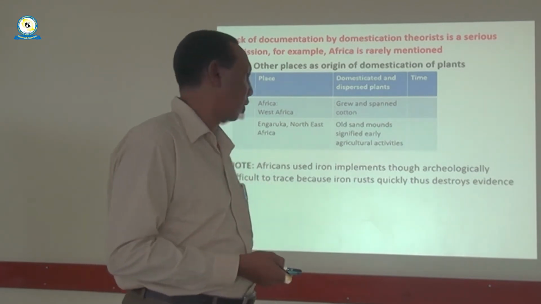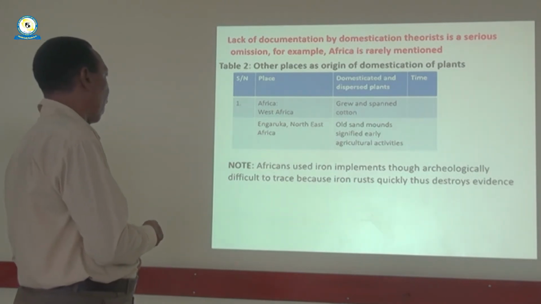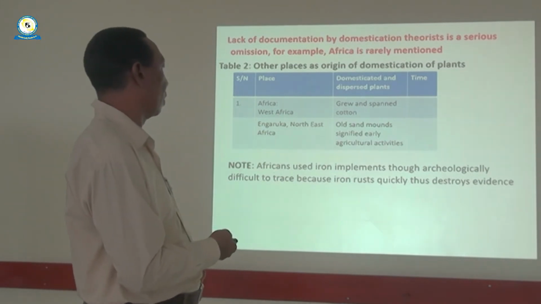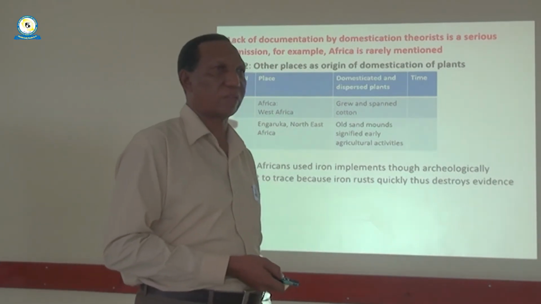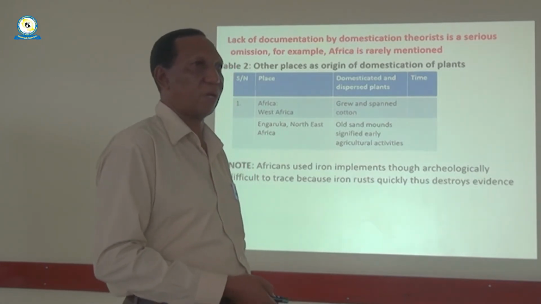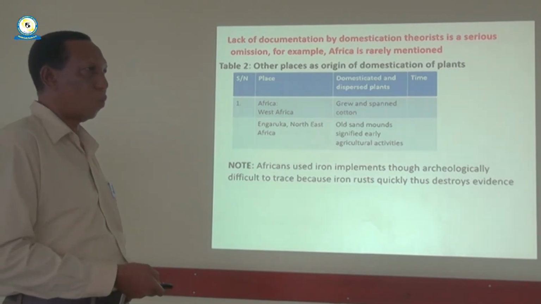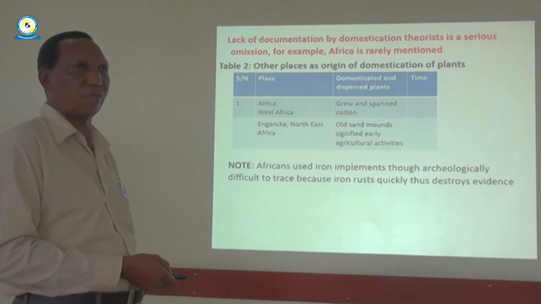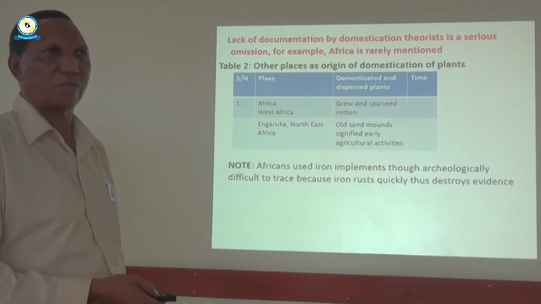We think perhaps, if it is based on the argument of the iron revolution, iron is subject to rust, maybe it rusted and some evidence disappeared. But this is not yet a satisfactory explanation for why so little has been found in Africa regarding the domestication of animals.